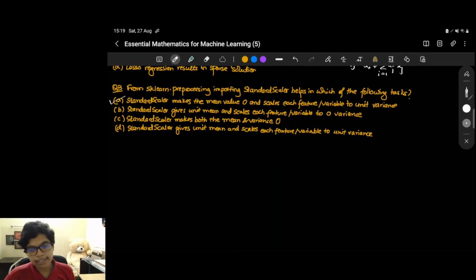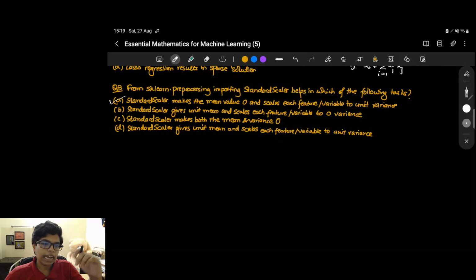What StandardScaler does is shift your data so that your mean becomes 0. So if you have data points like 1, 5, 3, 6, 8, 10, all positive numbers, it will shift about the mean. So some data points would be negative, some positive, such that your mean becomes 0.